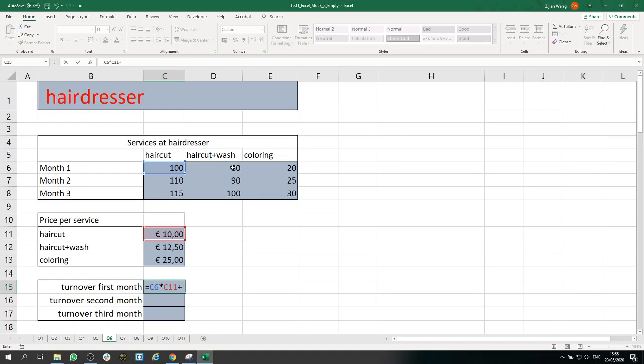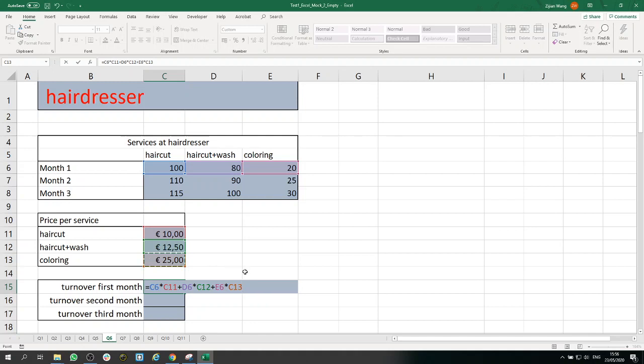Now we have all the turnovers regarding haircut, and then the next one would be the total amount of haircut and wash, and then times the price per haircut and wash. And the last one would be the price of coloring. Let's follow the same order we just followed. So starting with the number of coloring cases, and then times the price of coloring.